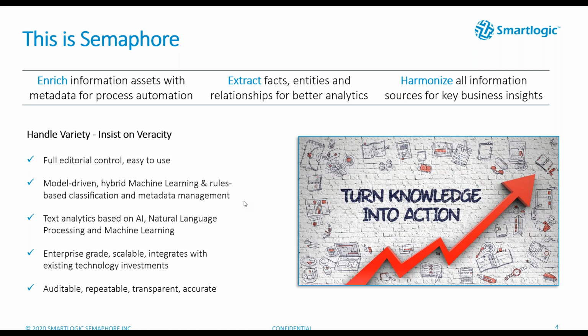It's a platform that extracts data from text, and that allows you to use your information assets much more effectively by providing semantic harmonization across repositories. You can extract explicit entities and facts from text, and that allows you to provide that level of harmonization across your business that is so needed.